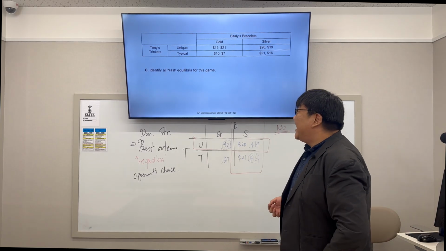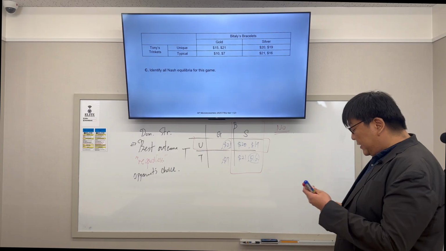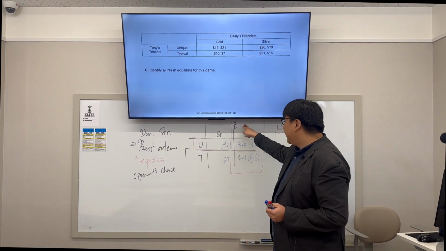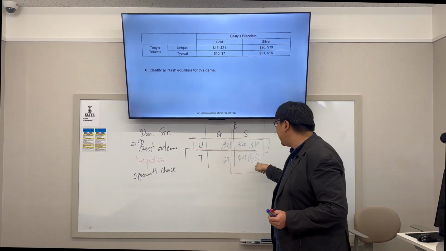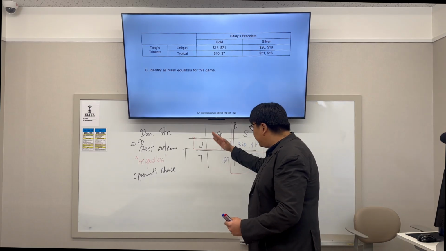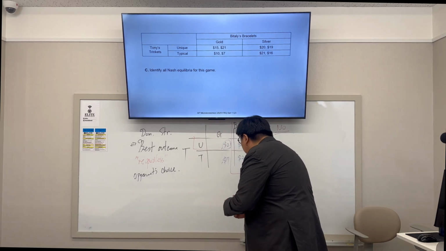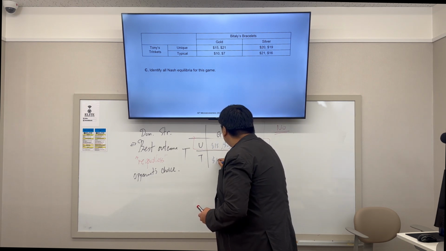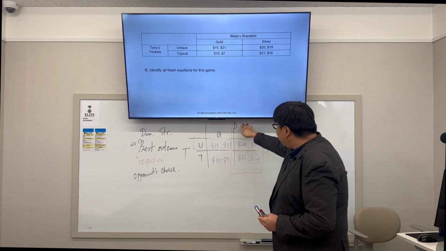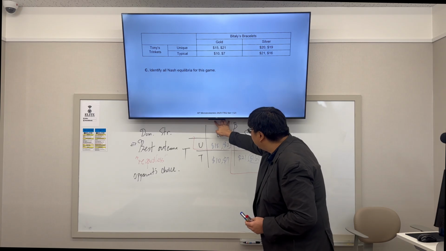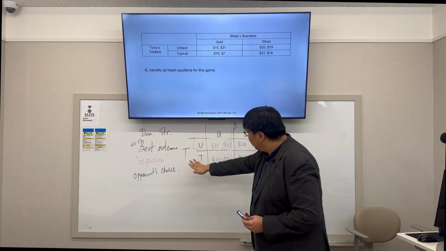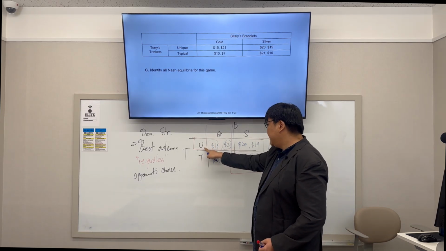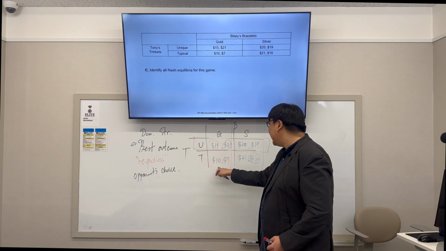The next question is to identify all Nash equilibria for this game. We already found the best response for Beetle: for U, it's G; for T, it's S. We have to do the exact same thing symmetrically for Tony. Let's fill out this payoff matrix. Given Beetle's strategy to choose G, Tony's best response is to choose U, unique, instead of T, because 15 is greater than 10.